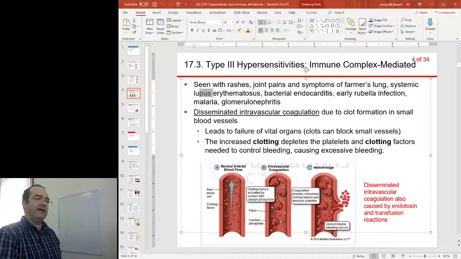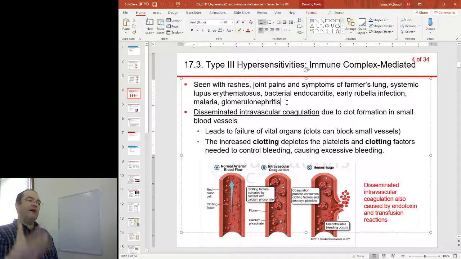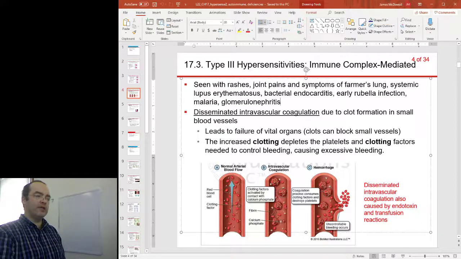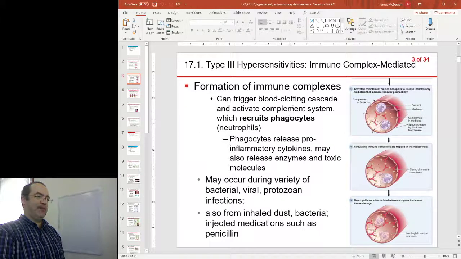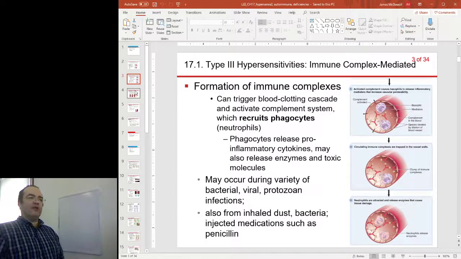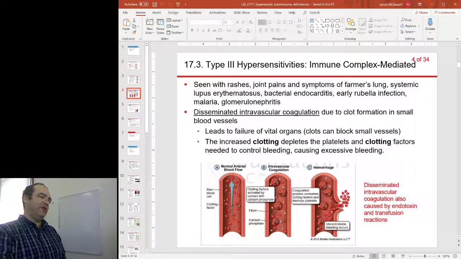Bacterial endocarditis, early rubella infections, malaria, all of these different things. One of the effects that they have is through causing small immune complexes, triggering the immune system, and then having damage to cells. And that damaged cells starts a whole other cascade of the immune response.